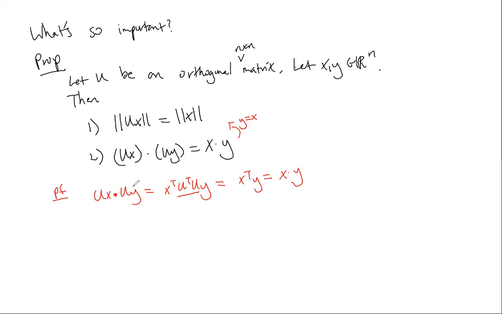So, I mean, this is nice. You have a proposition that tells us a little about orthogonal matrices, but what does this really mean? What is this first one saying? It's saying that if we think about U as the linear transformation, X goes to UX, it means this linear transformation doesn't change lengths.